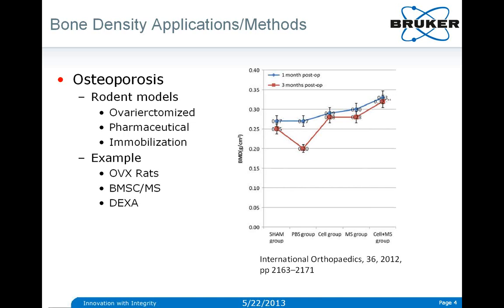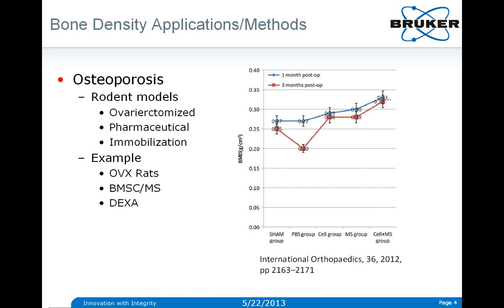There are also pharmaceutical-induced models, so induction can be through an agent such as an estrogen receptor agonist. There are also models that utilize immobilization, so nerve resection, or some simple casting of the animal to immobilize joint movement, for example.